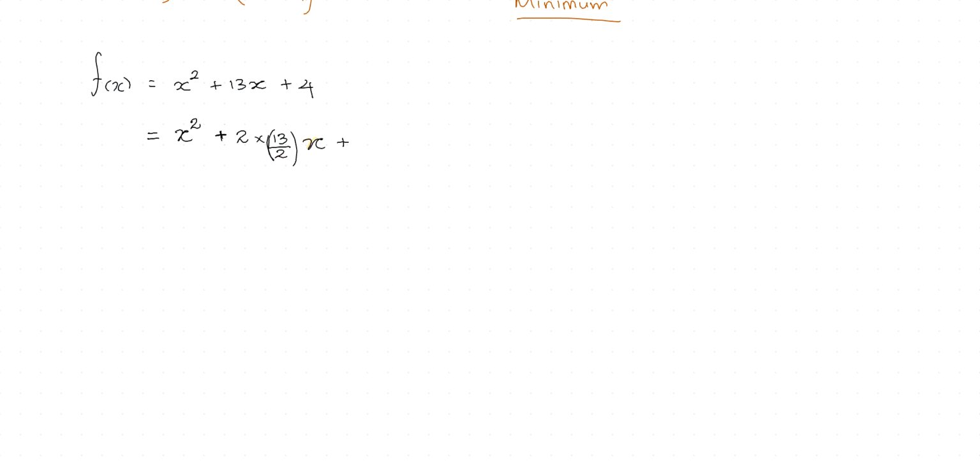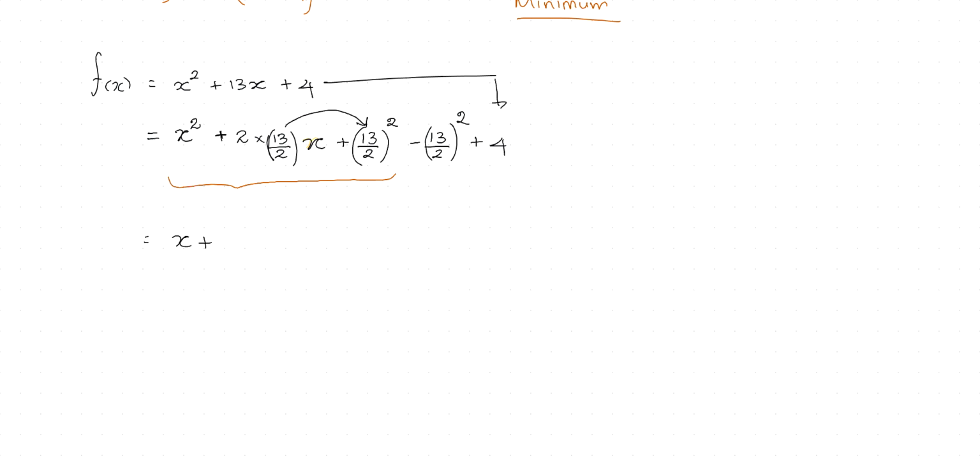Then we have to square this number, and we have to add it once and subtract it once. And we have the remaining term, which is the 4, and we will have to add those numbers. The first three terms that we have here can be written as (x plus 13 by 2) whole squared.